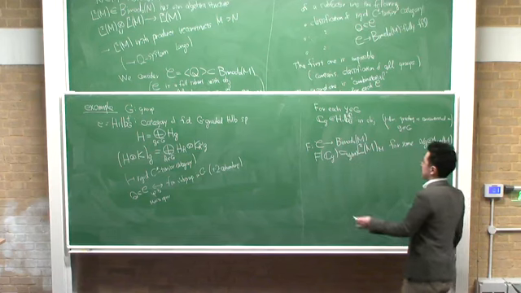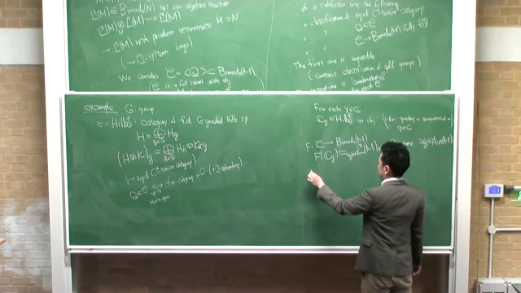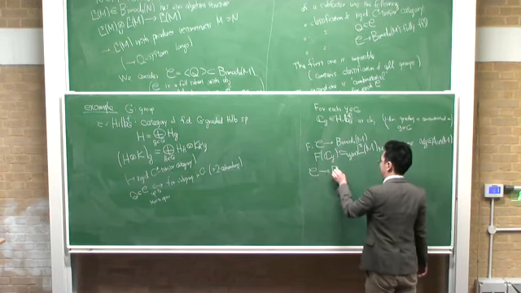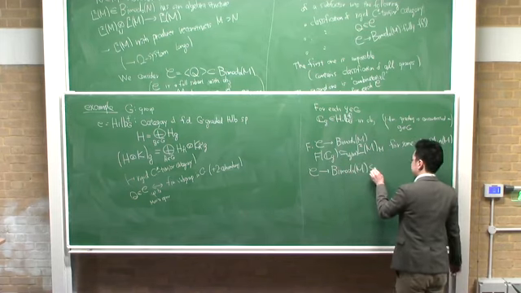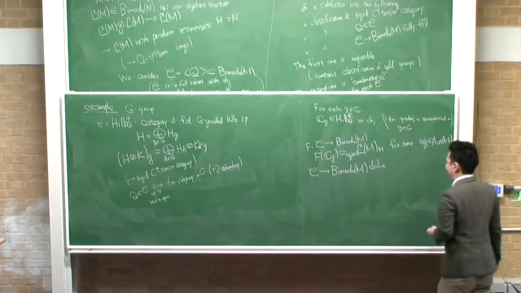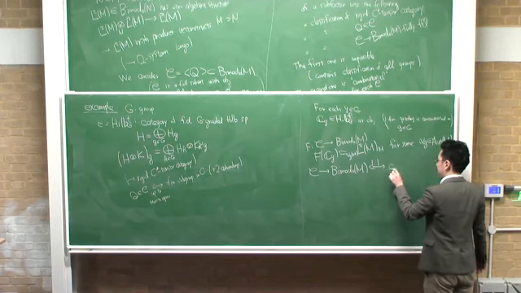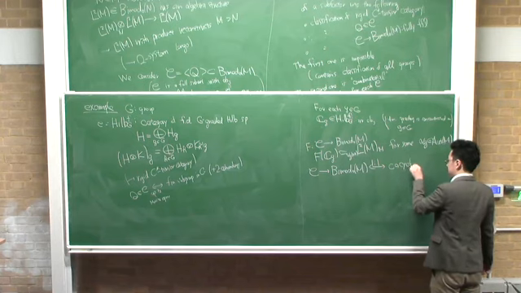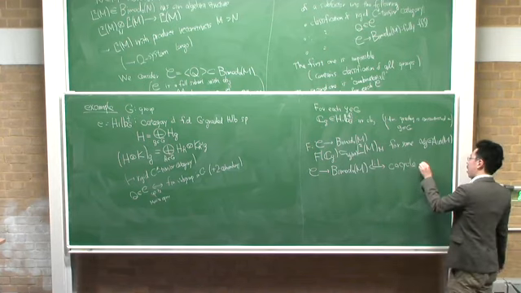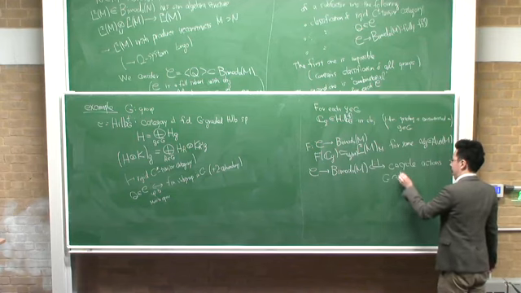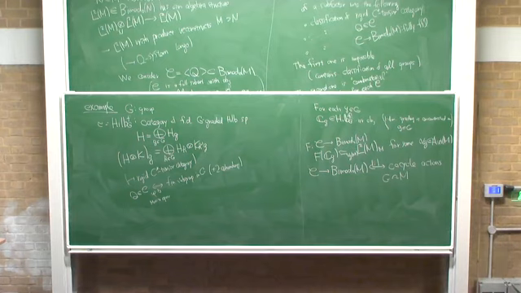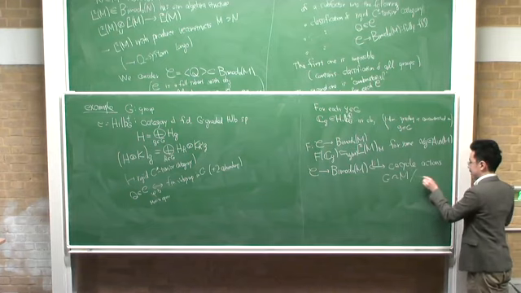But actually, this functor corresponds to which we call cocycle actions of G on M up to some equivalence.